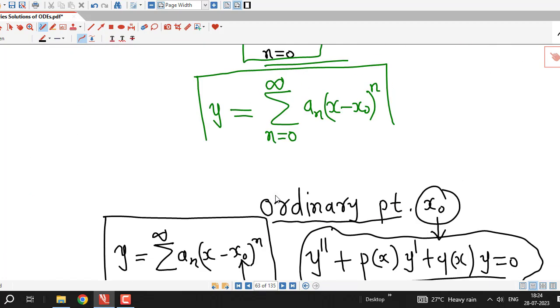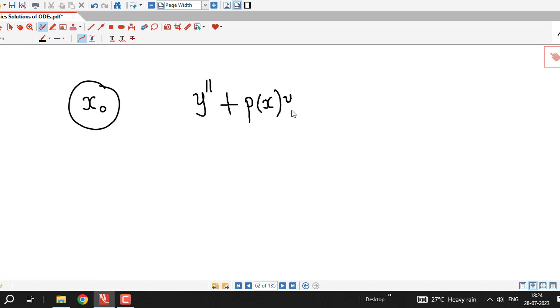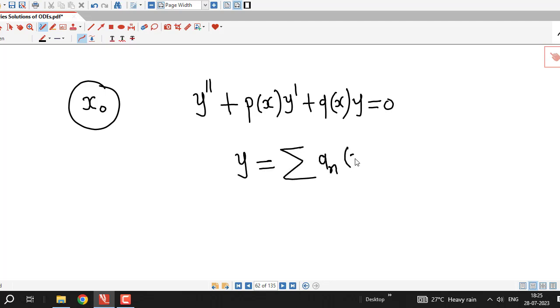We have seen how to obtain the power series solution if we have an ordinary point. Suppose x0 is an ordinary point of the differential equation y double dash plus p(x) y dash plus q(x) y equal to 0, then we know that we have at least one solution in powers of x minus x0, and that method is called the power series method.